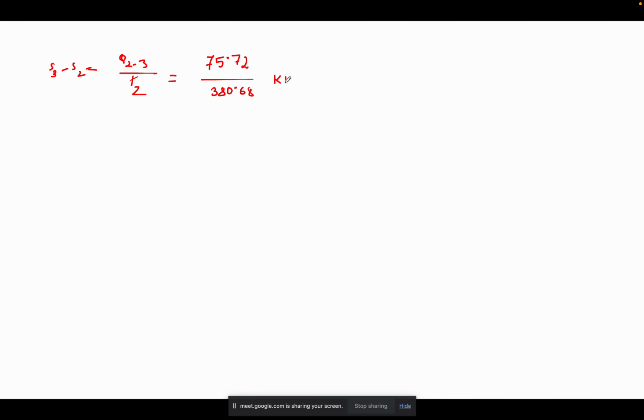So that will be your kilojoule per kg Kelvin. So it is your 0.198 kilojoule per kg Kelvin. Okay, so this is your entropy change.